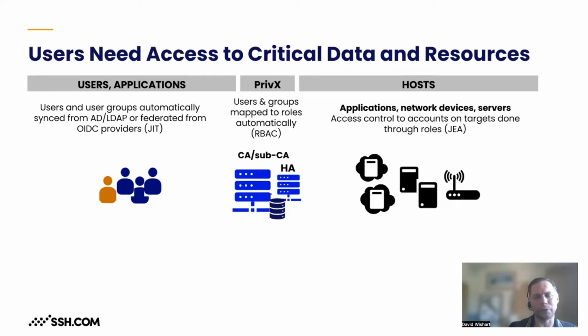So when a user opens up the browser to our solution and authenticates with their corporate credentials, they can see an up-to-date list of resources they're entitled to access based on their role configuration, and they can make a single click connection via the browser or using native clients.